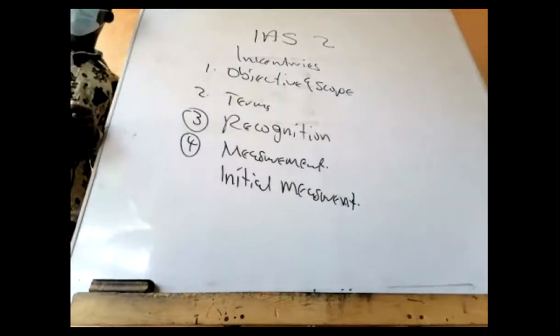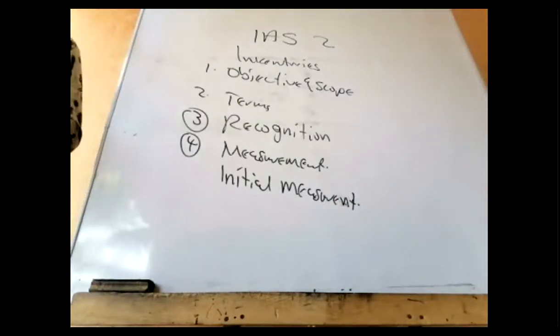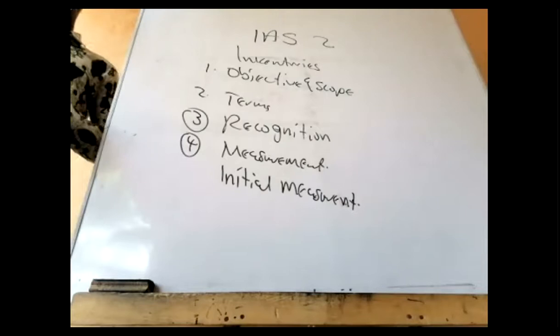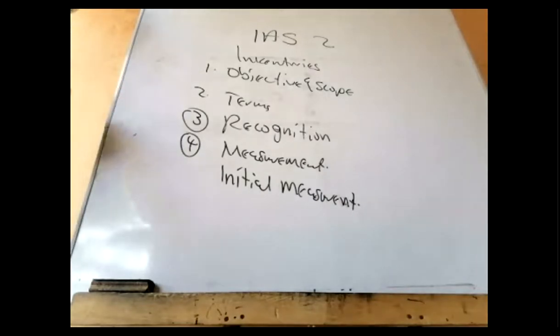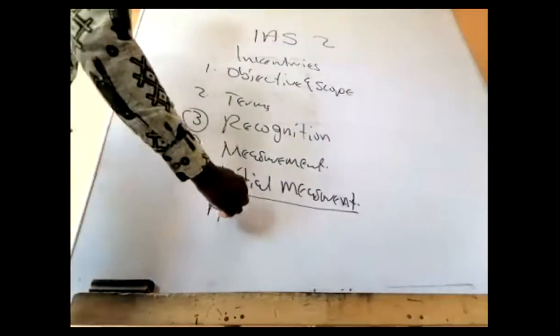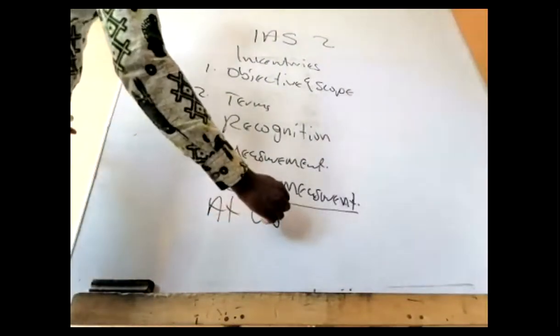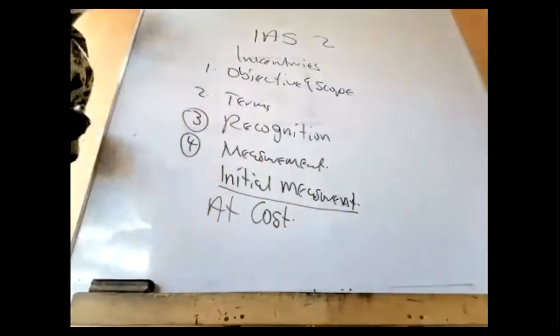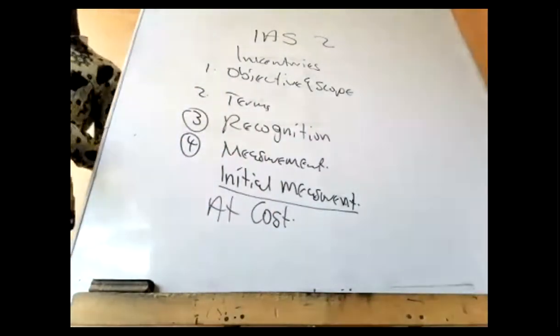At cost. In this course, I'm going to meet it 3 times before we finish the paper. So this is the first time. Initially, inventory should be measured at what? At cost. Per examiner, inventory should be measured at cost initially. And we define cost.